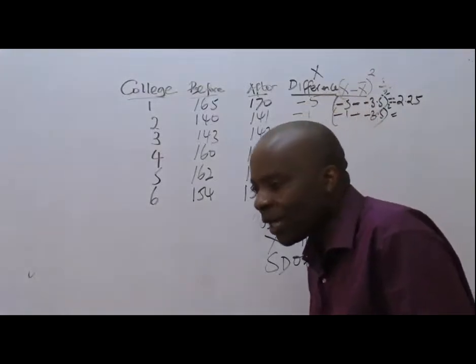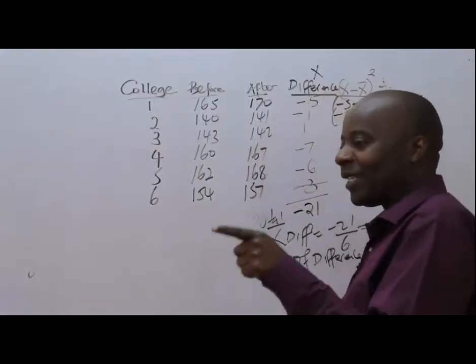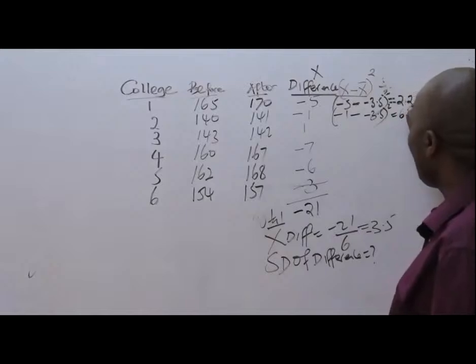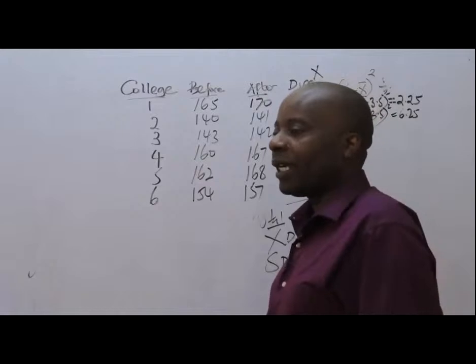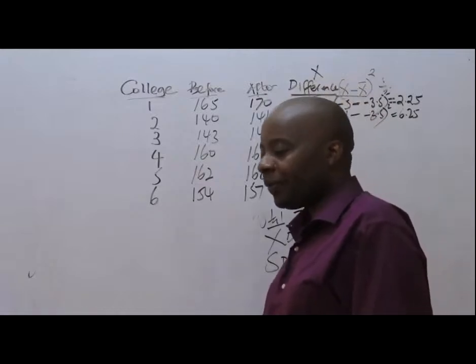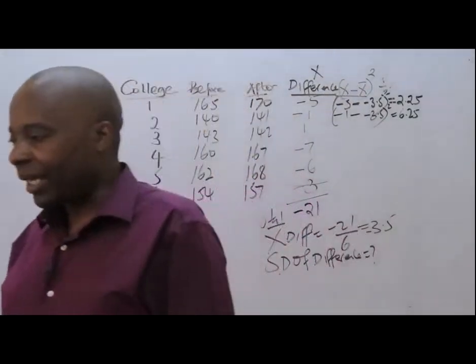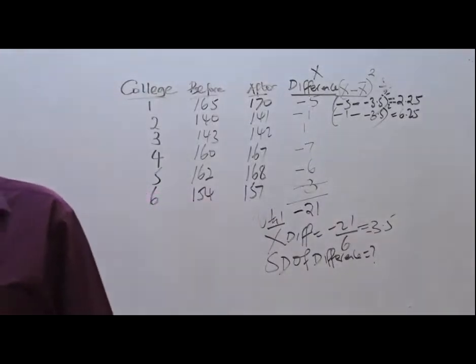I've seen some new students have started commenting. Thank you very much. So we have 6.25. Kindly give me all of them. The paired t-test.